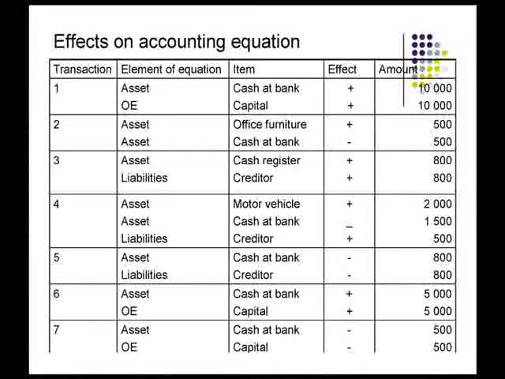Then cash at bank will reduce by 1,500. And now value of the vehicle is 2,000. You paid only 1,500 or deposited 1,500. The balance amount payable is 500. That is the liability. Liability is represented by a creditor.